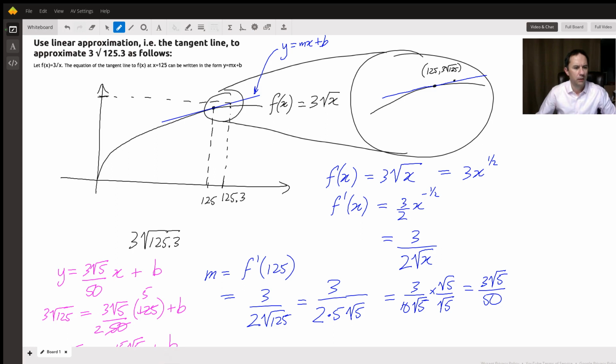So b equals 15 root 5 minus 15 on 2 root 5, which equals 15 on 2 root 5. Okay, so now we've got a complete equation for the line.